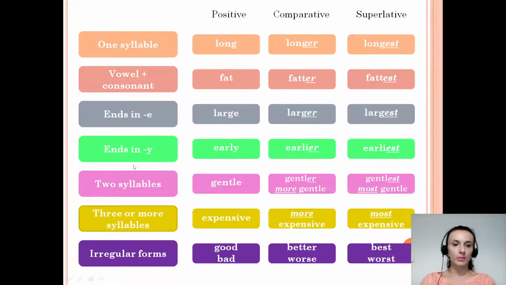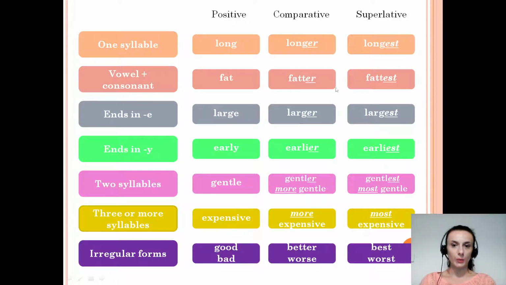For two syllables adjectives, the rule is that we have two ways for forming comparative and superlative. The first one is the usual one, when we add er for comparative and est for superlative form.